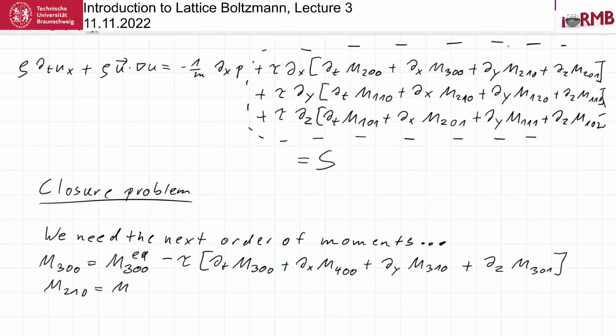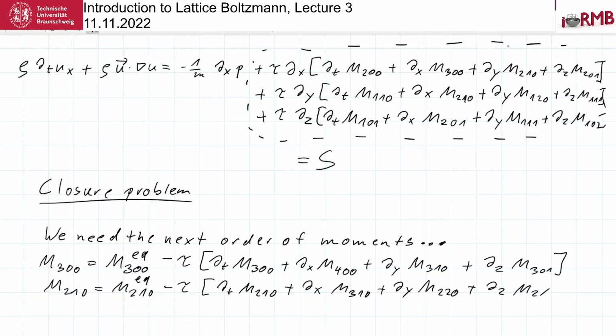m210 is m210 equilibrium minus tau dt m210 plus dx m310 plus dy m220 plus dz m122.